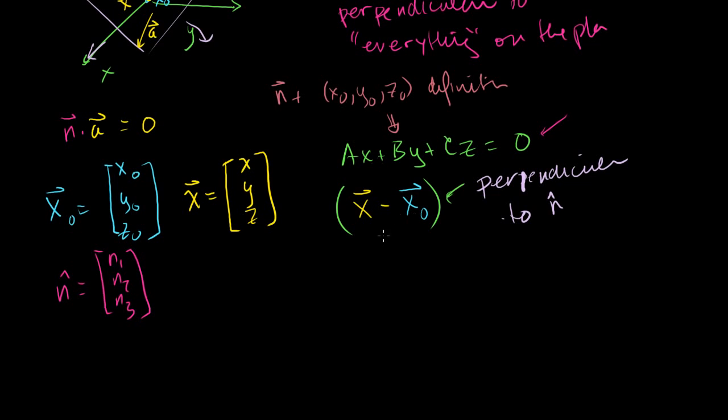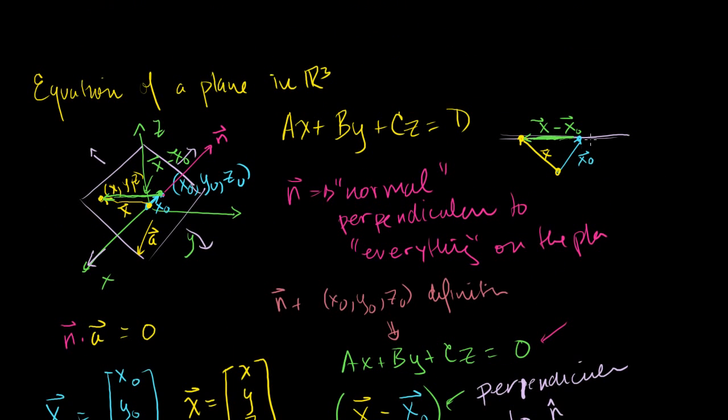Well, we know that n, actually I didn't want to do this caret here. n is not a unit vector. But let's say n is going perpendicular to this. So the dot product of it, we saw that in the previous video, the dot product of n with this vector right here. Actually, let me draw it. I already drew the plane sideways, so I can actually draw my n vector.